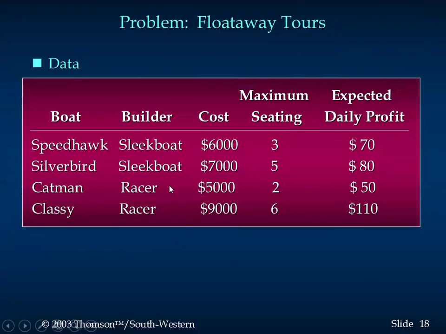So, there are two builders, Sleek Boat and Racer. Sleek Boat builds Speedhawk and Silverbird. Racer builds Catman and Classy. The cost of each of the boats: 6,000, 7,000, 5,000, and 9,000. Seating capacity: 3, 5, 2, and 6, and expected daily profit.